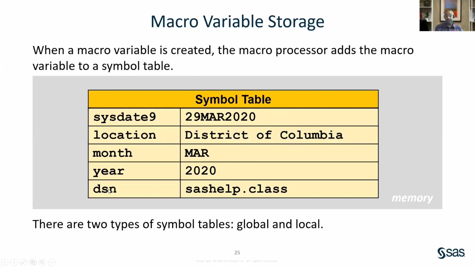Now, these last four were created, perhaps by you or whoever the programmer or analyst is who's writing the program, using CALL SYMPUTX. User defined are the last four. The first one is an automatic one that you get from SAS. SAS creates it for you, and you can use it if you like or not use it.